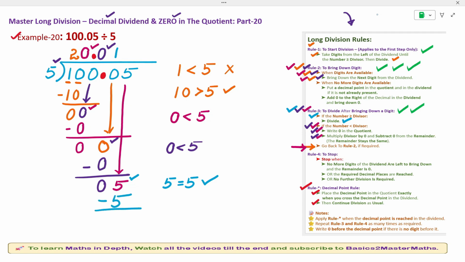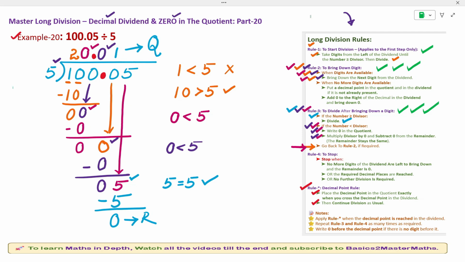So, you will get 0 as the remainder and 20.01 as the quotient. Now, rule 3 is complete for the third time.